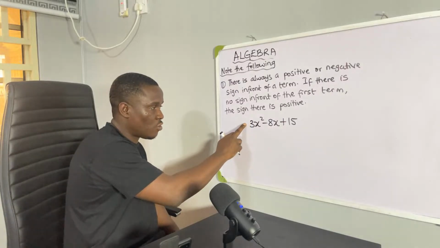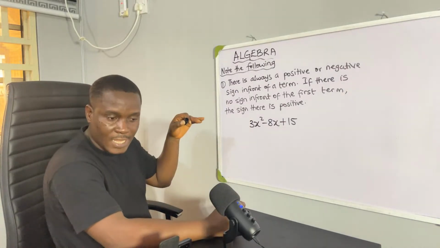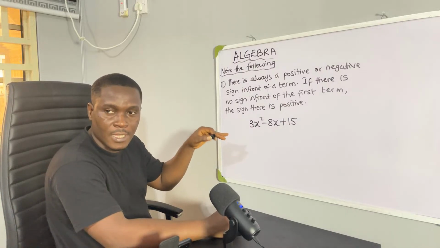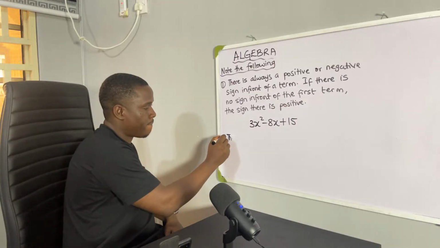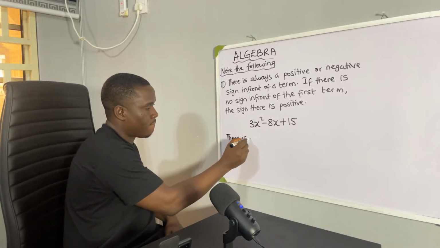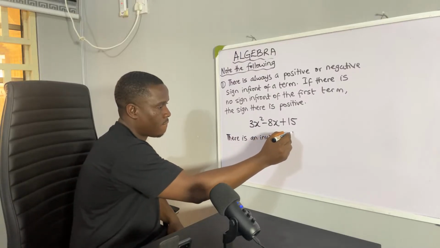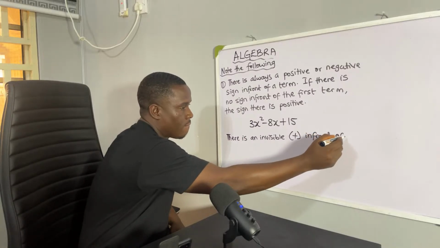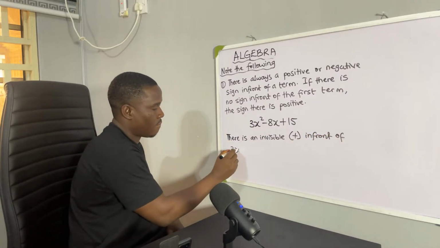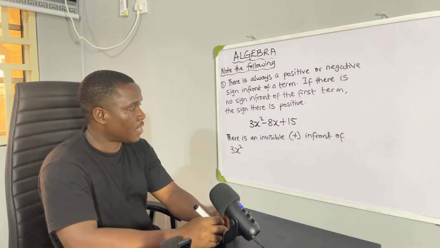But if it is not shown, you should know at the back of your mind that there is actually a sign there, and the sign there is positive. So there is an invisible plus in front of 3x squared.